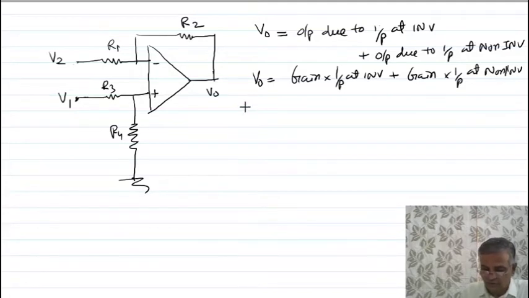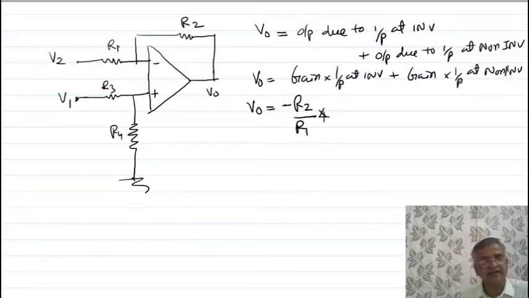What is the gain? The gain for this is R2 by R1. So it is R2 by R1 multiplied by the input, which you can see here is V2.